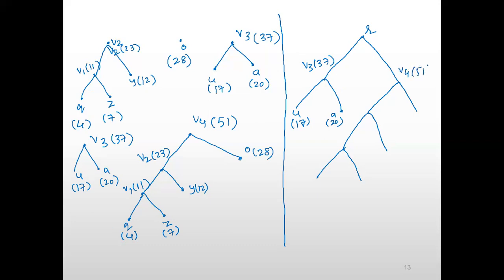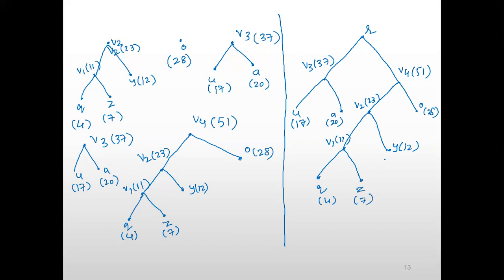V4 is 51, and we have V2 23, O is 28, and V2 is over. Here it is the weight Y with the weight 12, and V1 11, Q 4, and Z is 7.